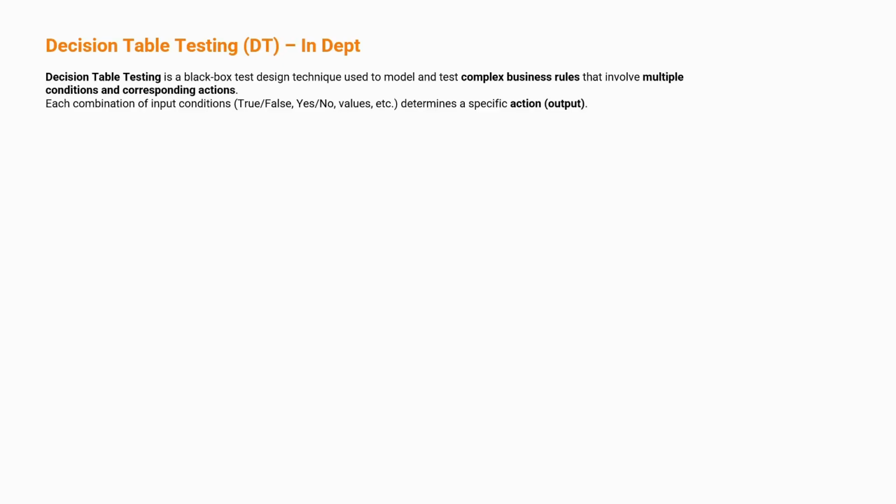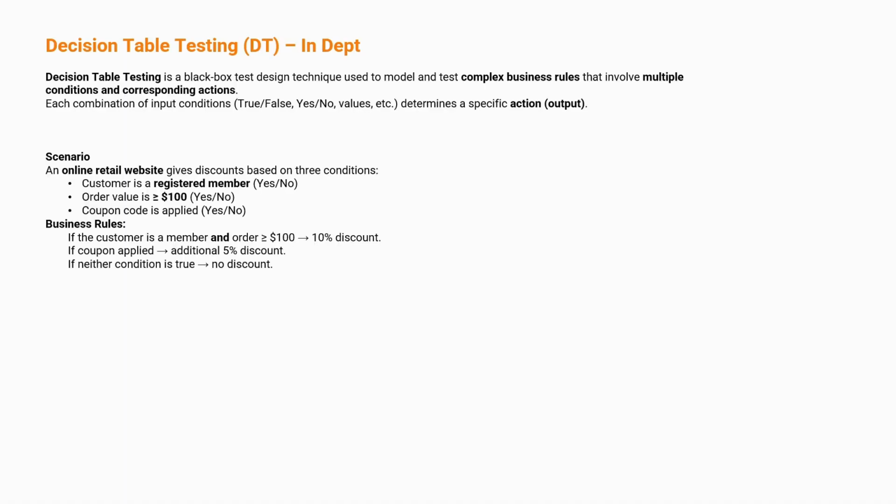The goal of decision table testing is to ensure complete logical coverage of all possible input combinations, to identify missing or conflicting rules in the business logic early in the development life cycle, to simplify complex decision-making logic into a structured, testable format, and to reduce redundant test cases through rule-based optimization.